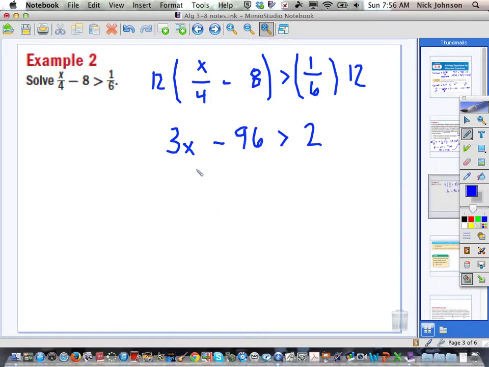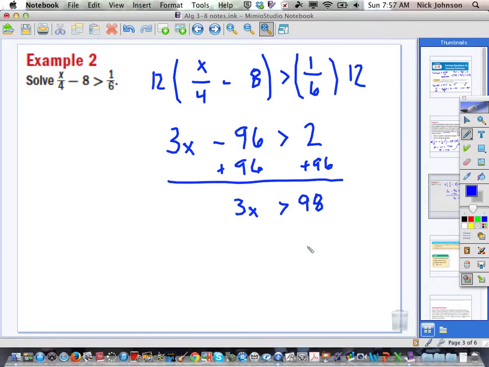Now it looks like our two-step algebra problem. My x is on the left side, so everything on the left side but the x needs to get moved to the right. The inverse of subtracting 96 is adding 96. Whatever I do to one side, I do to the other. 3x is greater than 2 plus 96, which is 98.